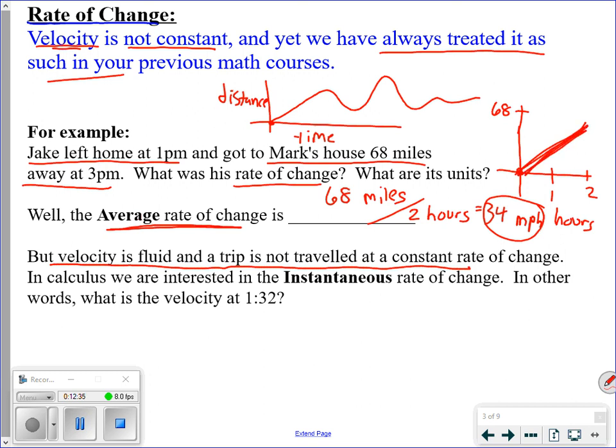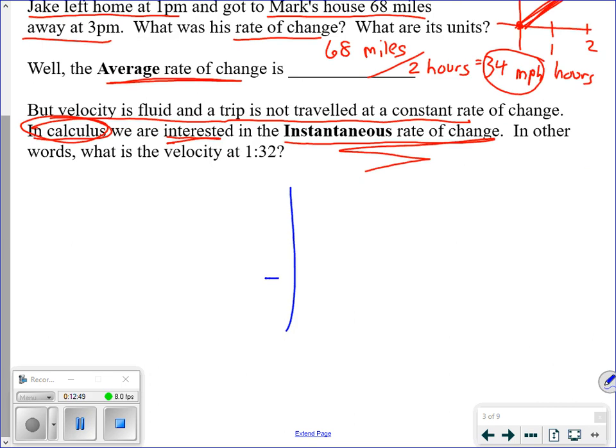In calculus, we are interested in the instantaneous rate of change. In other words, what is the velocity at, say, 1:32? This is a more reasonable idea of what's going on with our guy. It's going to be fluid.